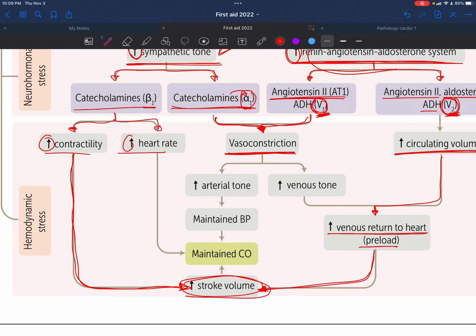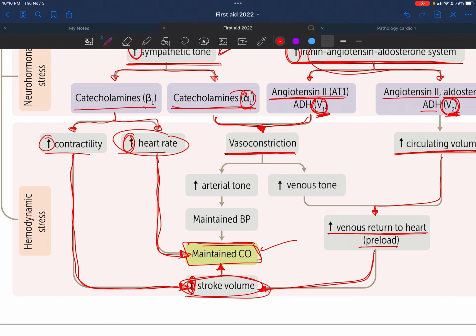If we have an increased stroke volume, that means we have successfully maintained the cardiac output, which is great. In addition to the increase in stroke volume, the increase in heart rate has helped us in doing so, due to sympathetic activation. So that all leads to maintained cardiac output.